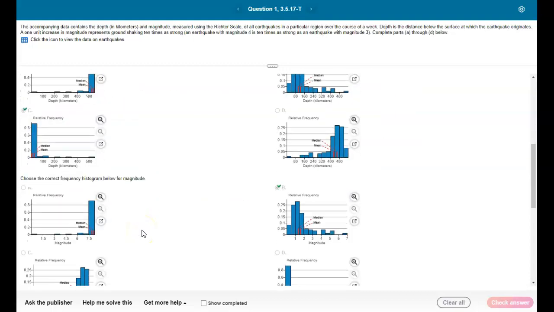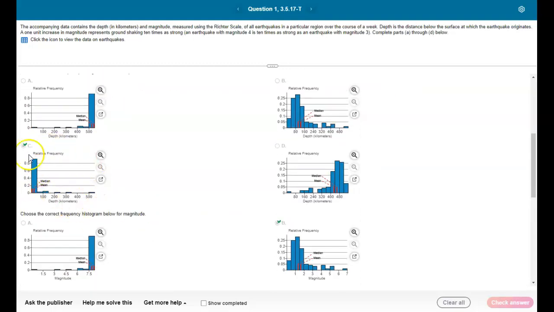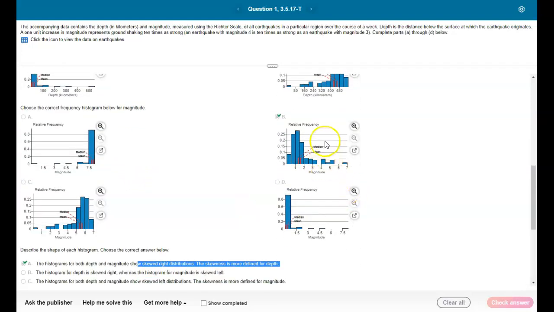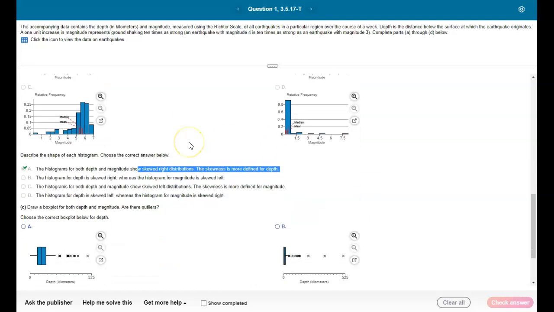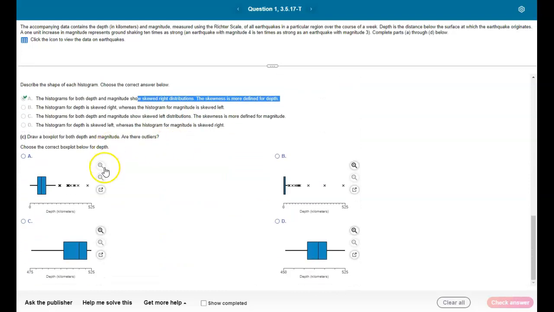So there's a really long tail, in other words, for the depth relative frequency histogram compared to the relative frequency histogram for magnitude.